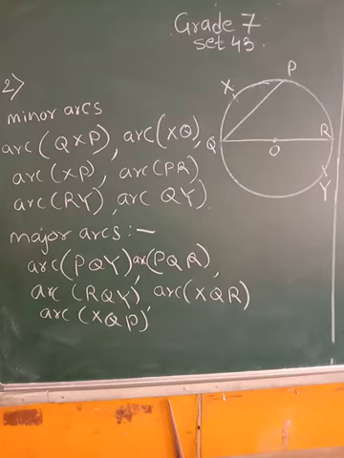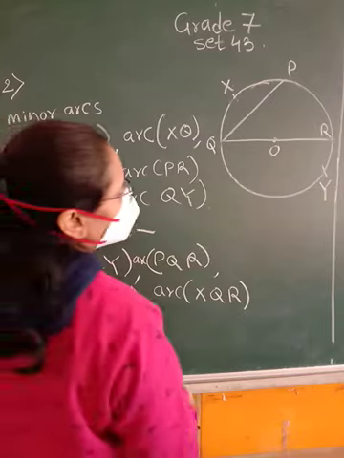Okay, now let us write the third one they have asked. Write the semicircular arcs among them. So there will be only two, no? One circle has two semicircles, isn't it?